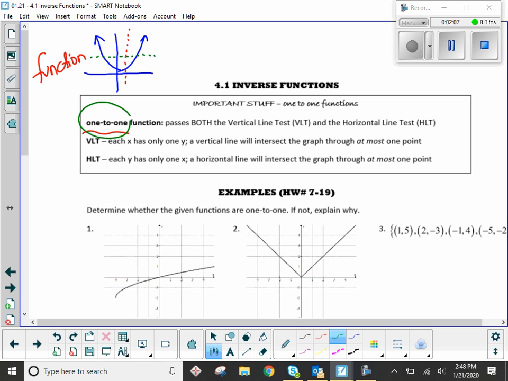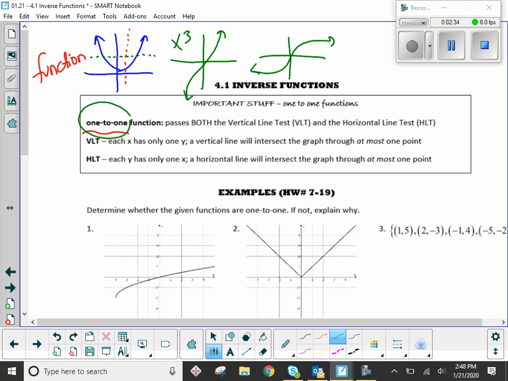And here's why we care about one-to-one functions. They're the only kinds that have inverses, which is the point of the lesson, inverse functions. So x squared does not have an inverse. But like I said, the graph of the cubic function and the cube root function, they are inverses of each other.